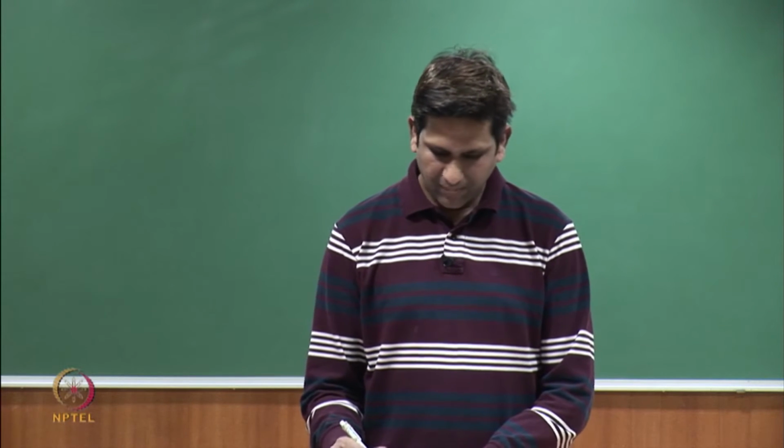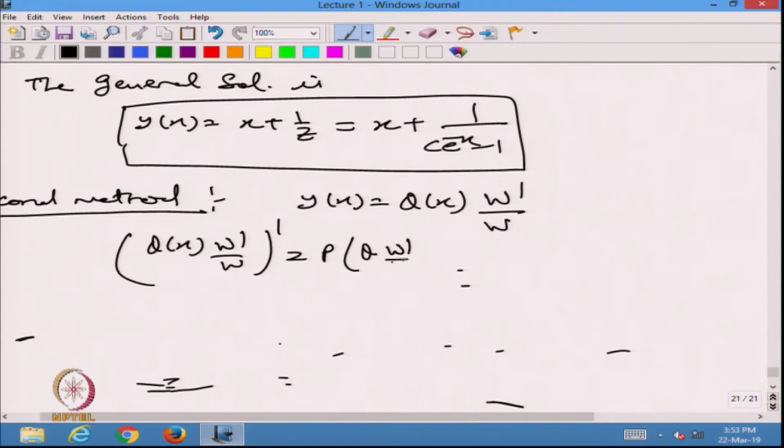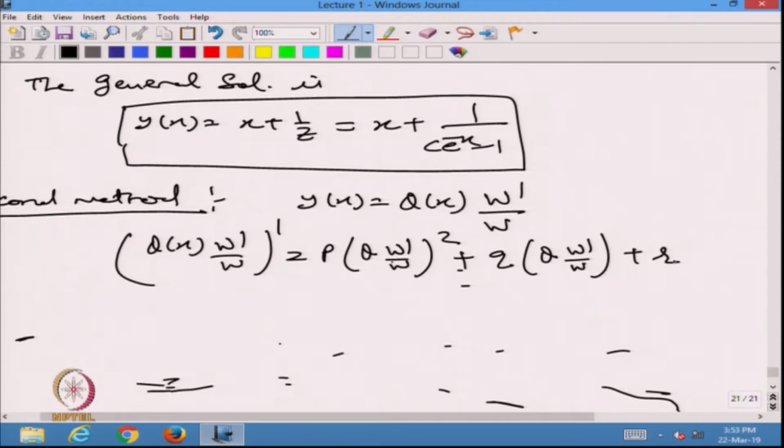Now, I take the derivative. Putting this in the Riccati equation, I get: the derivative of Q w'/w is equal to P Q² (w'/w)² + Q (w'/w) + r. I am just substituting in the given Riccati equation.